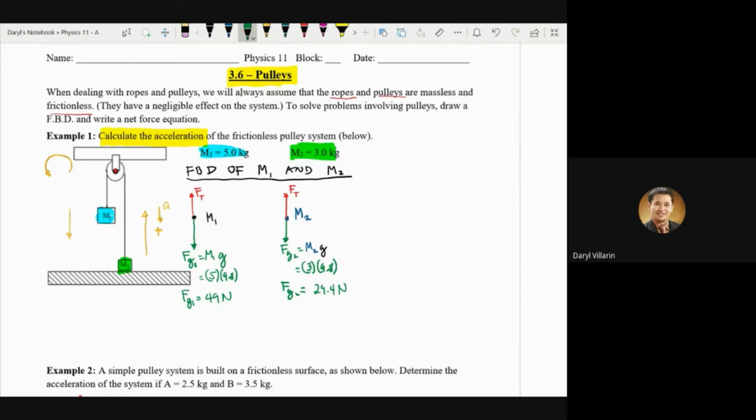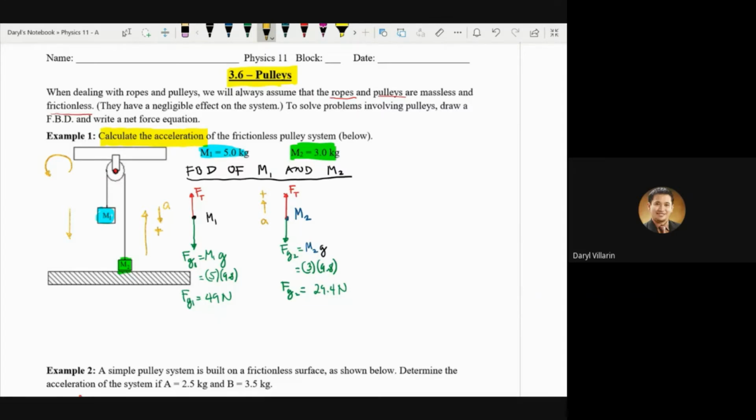So with this, I know that it will be moving counterclockwise here. So that means that in this M2, I'm going to set the acceleration here as upward. So I'm going to set my upward direction as positive because that is the direction of the acceleration of my M2.